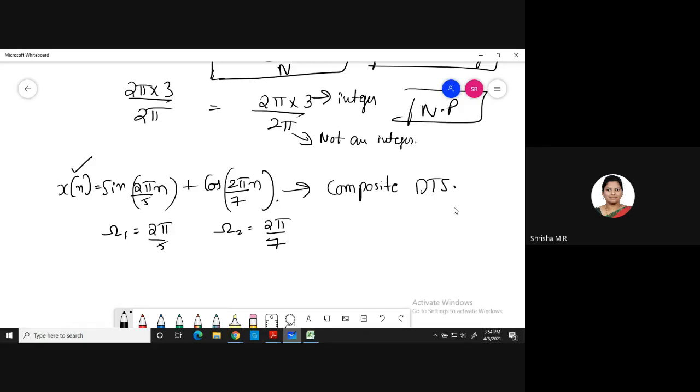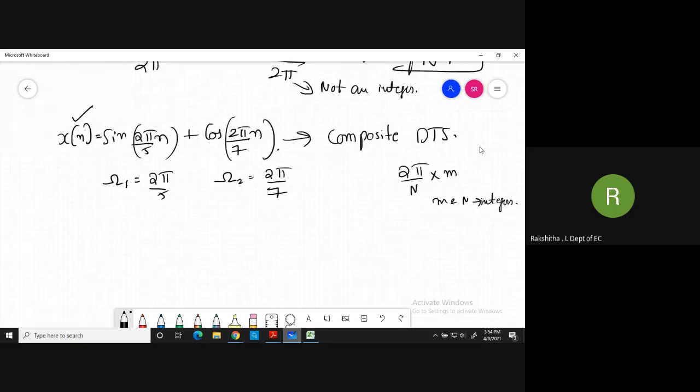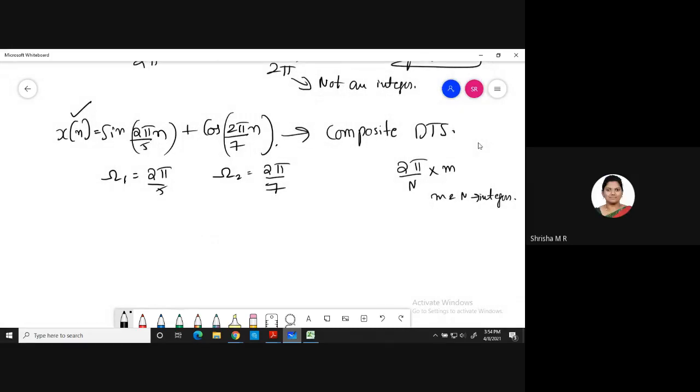Now try expressing omega 1 and omega 2 in 2 pi by n into m form, where m and n are integers. Tell me what is n1 and n2. N1 is 5 samples. What is n2? N2 is 7 samples.